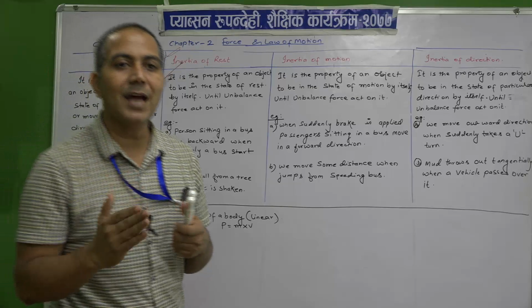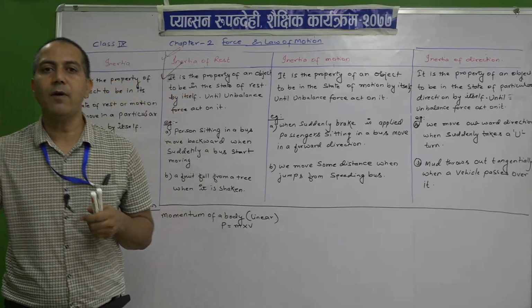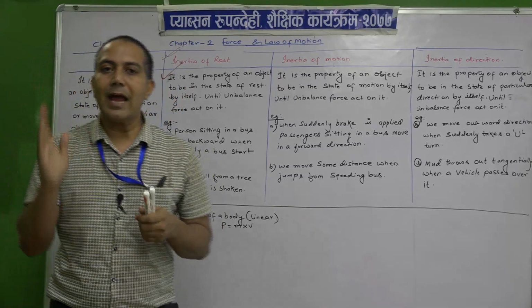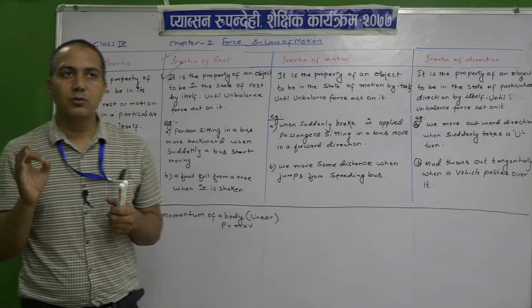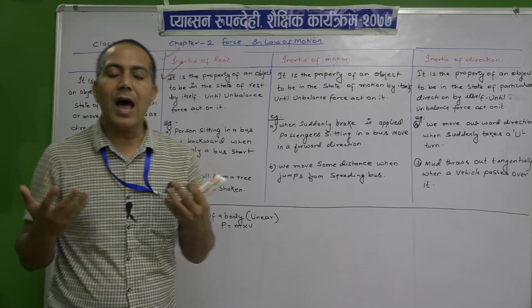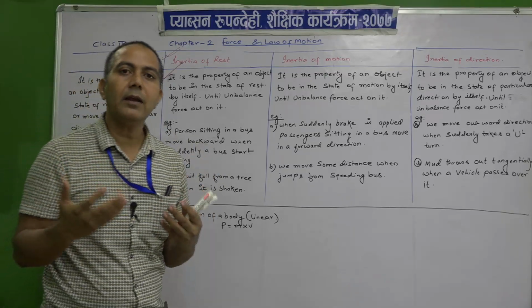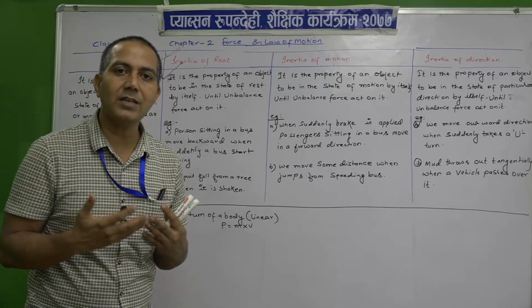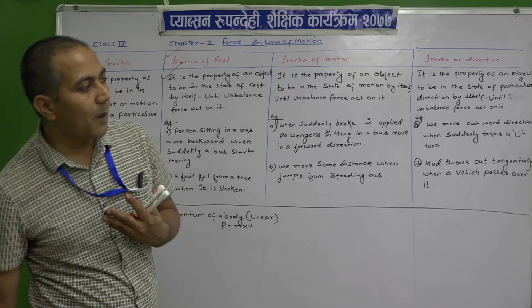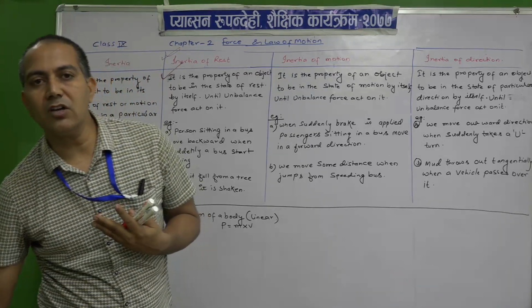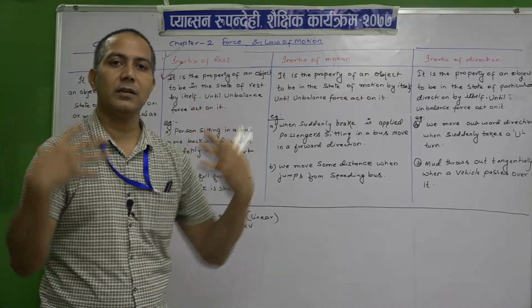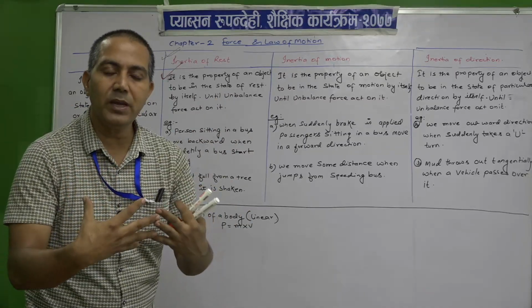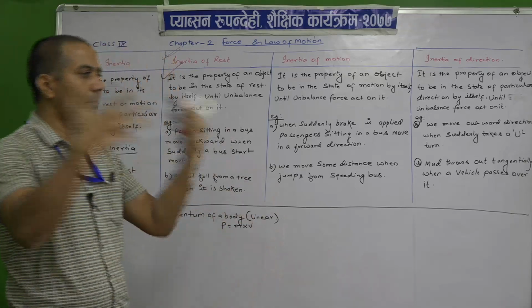That is the example of inertia of rest. When it is asked in your exam, you can write that it is due to inertia of rest, because the lower part which is in touch with the bus comes into motion, and the upper part does not tend to move, that is why we move backwards.